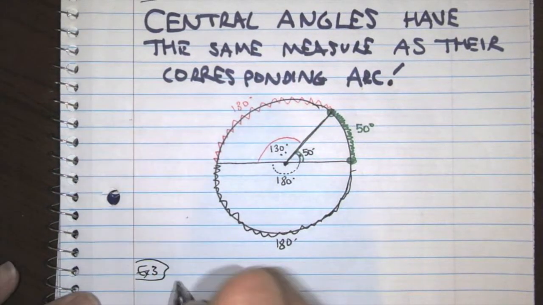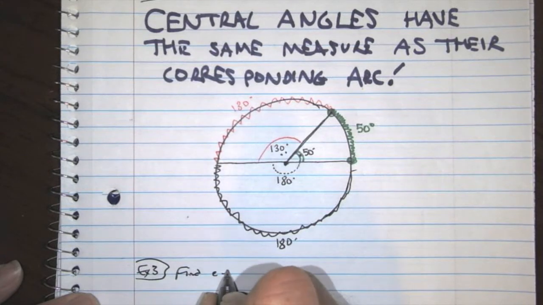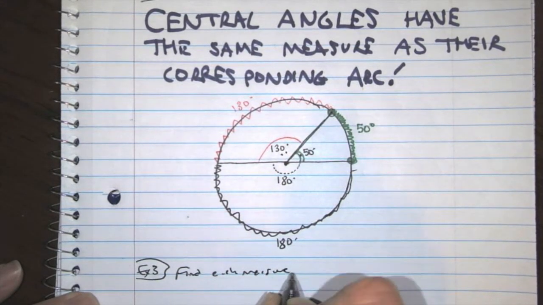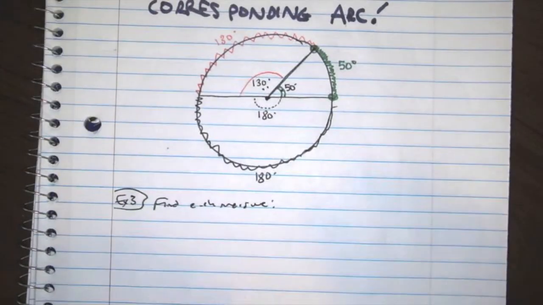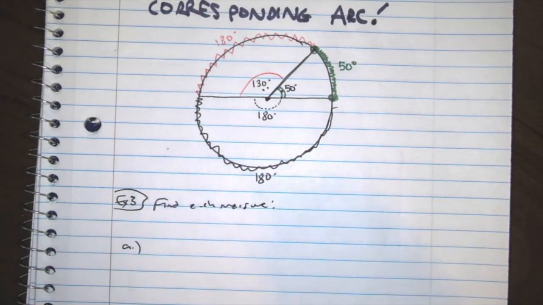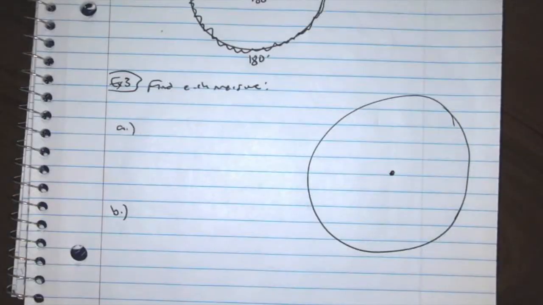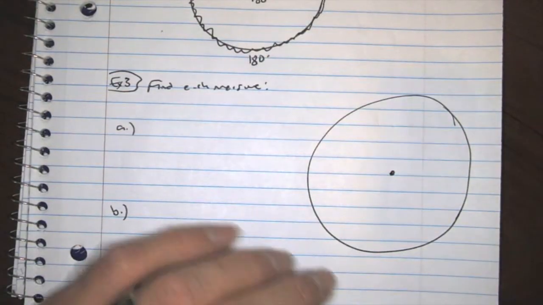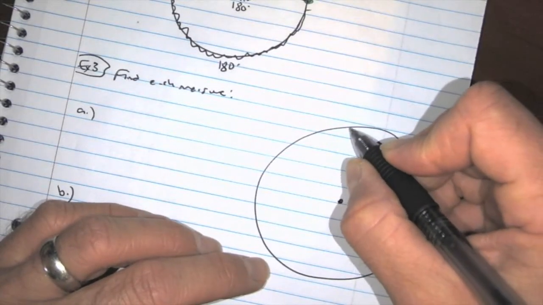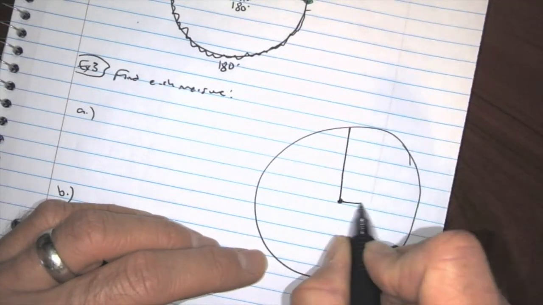Example 3. I'd like you to find each measure. Give you an A, give you a B. Circle time. Give a center. Let's start off by making a right angle.